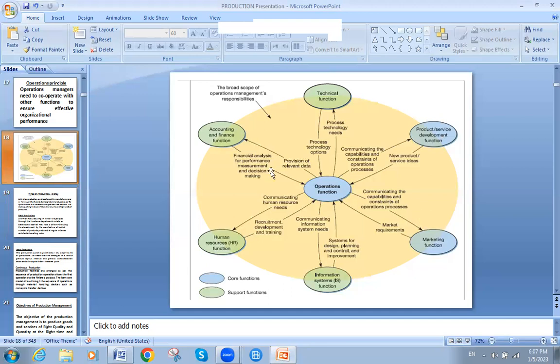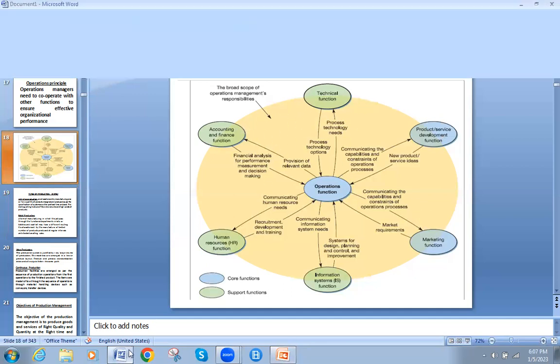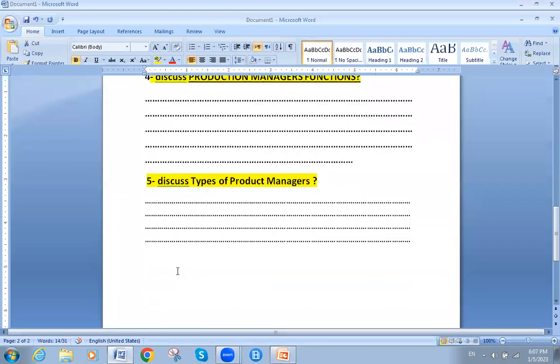So now if I tell you that the operation department is related to other departments, discuss, yes. If I tell you, you can draw this graph as well.